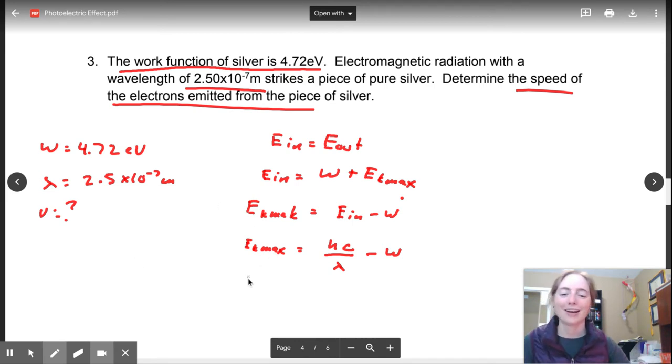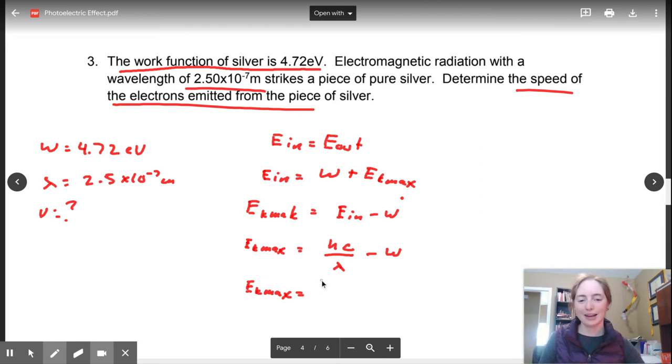So our EK max is going to be our, now this one we have to use our electron volts here, because the work function is in electron volts. I'll convert to joules after.